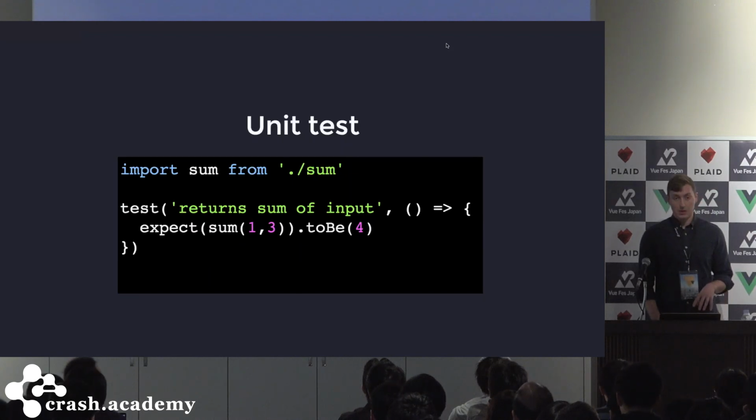You call expect with a value, so here we're calling it with the return value of the sum of 1 and 3. Then expect exposes matcher functions that compare the value that expect was called with. So when we run this test, if the sum of 1 and 3 returns 4, then the test will pass. But if it doesn't return 4, then the assertion will fail and throw an error and the test will fail.